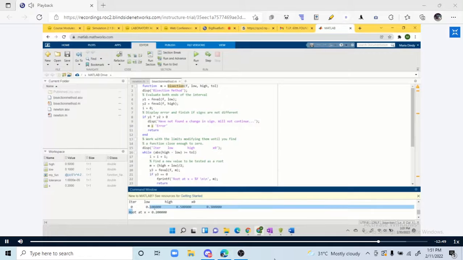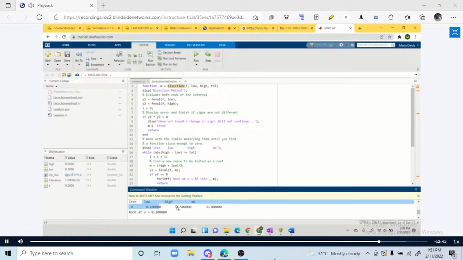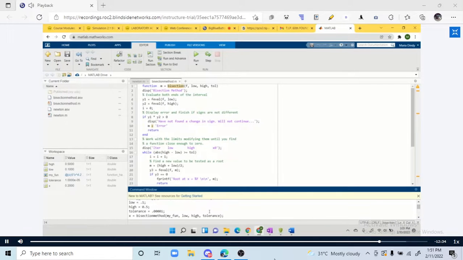Ayun. Root at sinasabihin niya agad, 0.2. So, ito pinapakita niya yung low, high. Okay. Ayan.